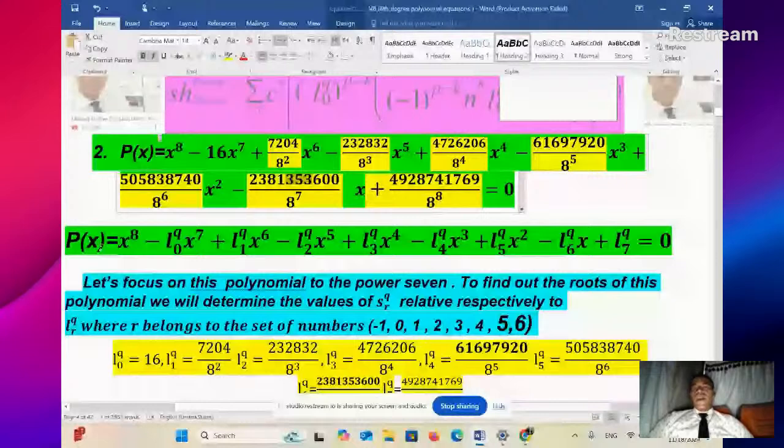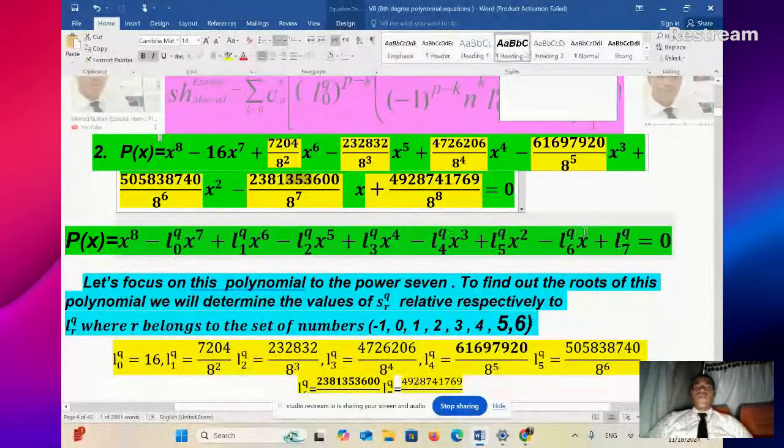P of x we can write as x raised to the power 8 minus n0 of the cube x raised to the power 7 plus n1 of the cube x raised to the power 6 minus n2 of the cube x to the power 5 plus n3 of the cube x raised to the power 4, minus n4 of the cube x cubed plus n5 of the cube x squared minus n6 of the cube x plus n7 of the cube.